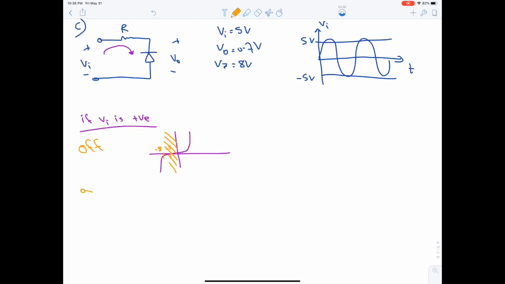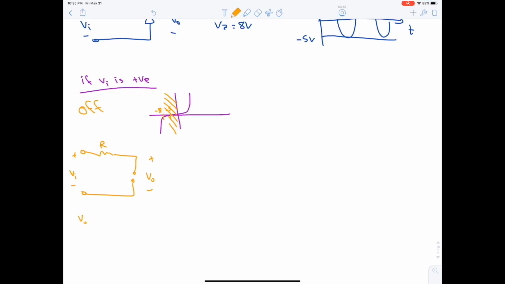So redrawing the circuit with the new design. V output is equal to V input.